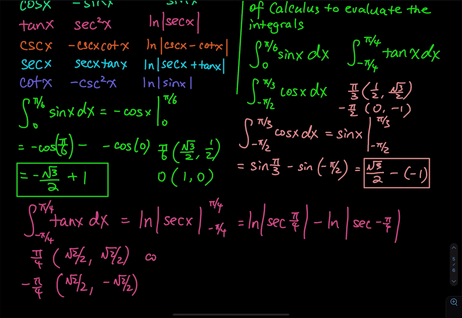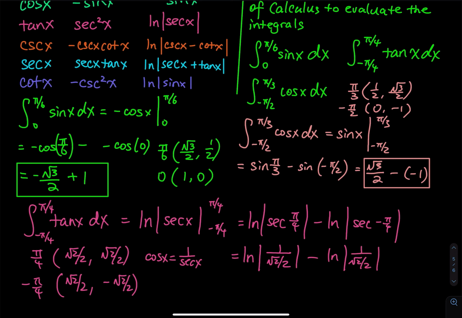And then cosine of x is equal to 1/secant, right? So for the secant, you will have to take 1 divided by the x coordinate. So this is ln absolute value of 1 divided by the x coordinate, and then minus ln absolute value of 1 divided by the x coordinate. What is that equal to?